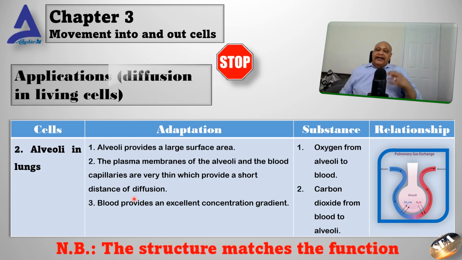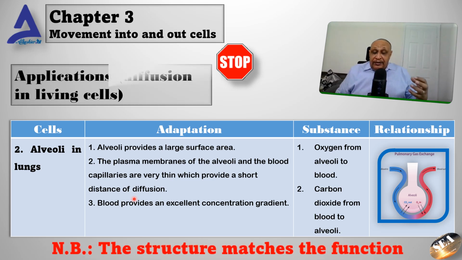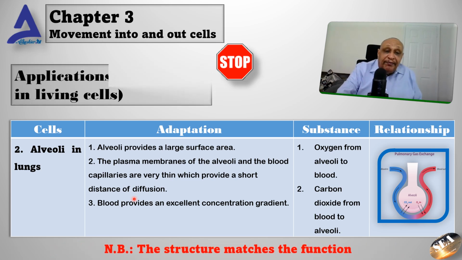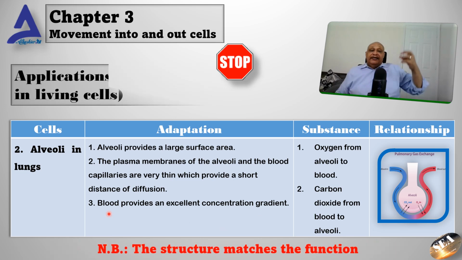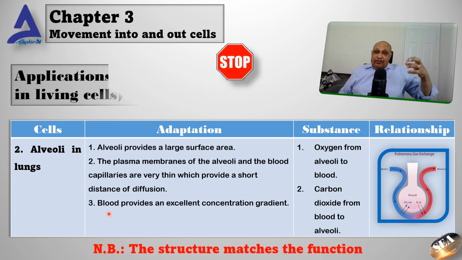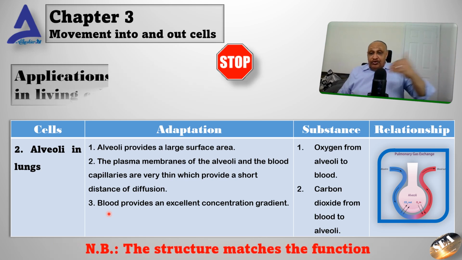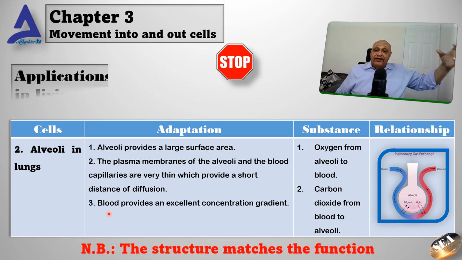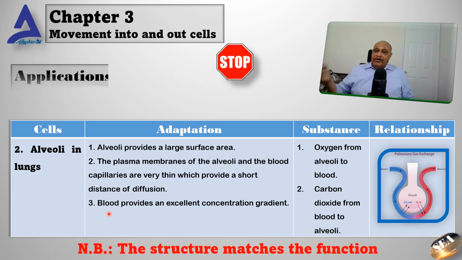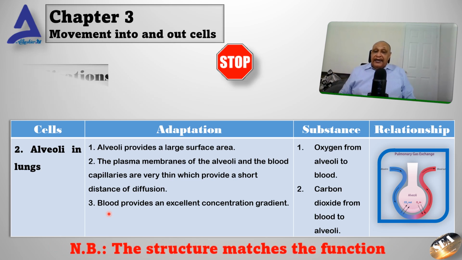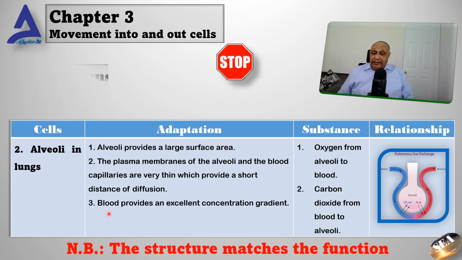So the shorter distance increases the rate of diffusion. Blood provides an excellent concentration gradient because, when we talk about oxygen that moves from the lungs to the blood, there is a high concentration of oxygen in the lungs and a low concentration of oxygen in the blood.